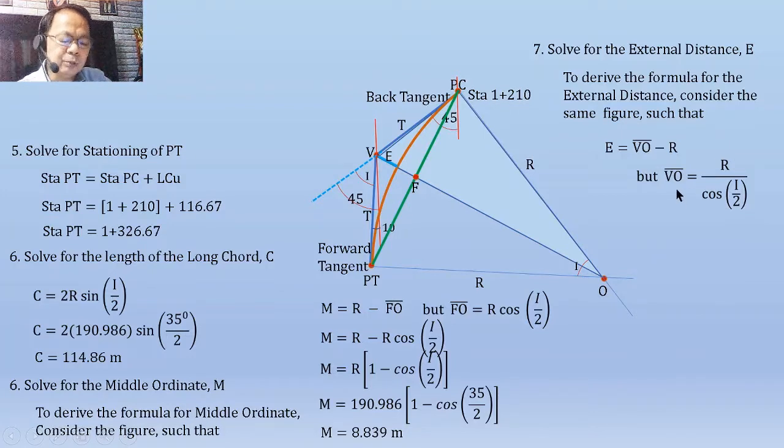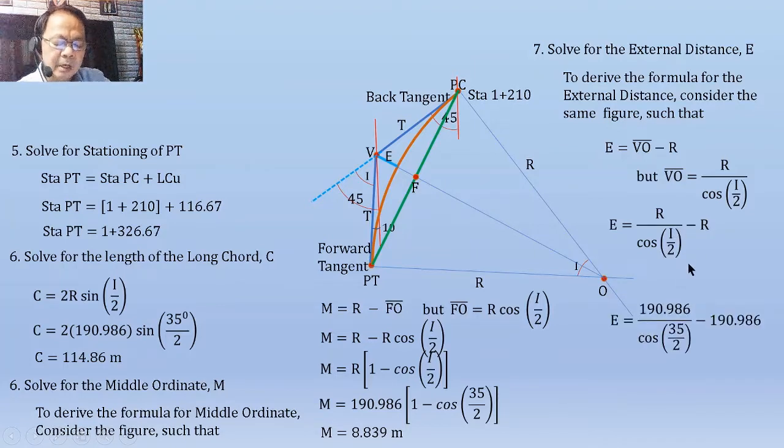If this is substituted into this equation, our E becomes equal to R over cosine of I over 2 minus R. And if R is substituted with the value, our equation becomes 190.986 divided by cosine of 35 over 2 minus 190.986. If this is computed, E will be equal to 9.283 meters.